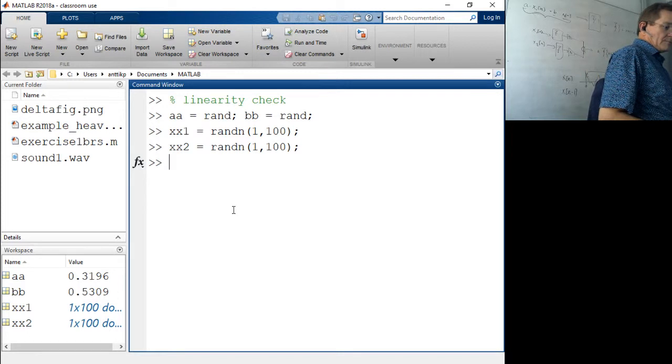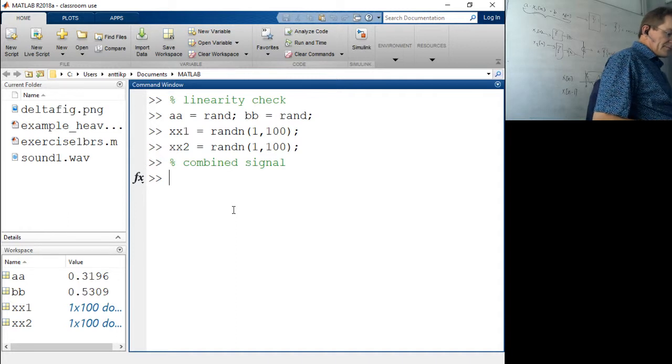Okay, so the combined signal. I call it combined signal just for fun, CS. Combined signal is A times XX1 plus B times XX2.